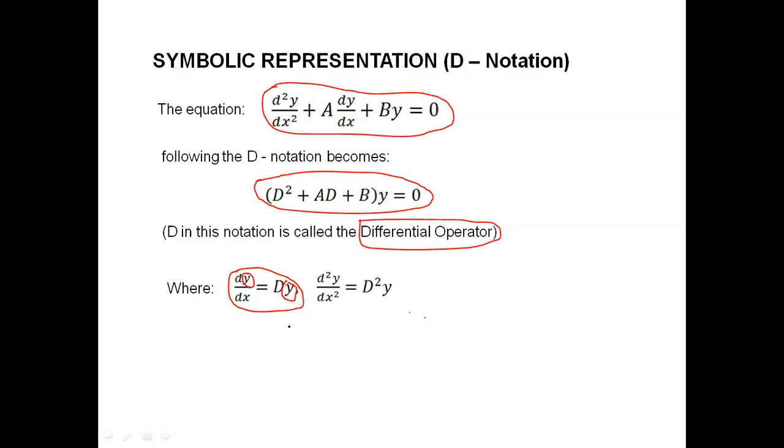The y will also leave here. So in other words, the D alone stands for d over dx. Equally for the second differential coefficient, we have d2y over dx2 equal to D squared y. This is what we call the D notation.